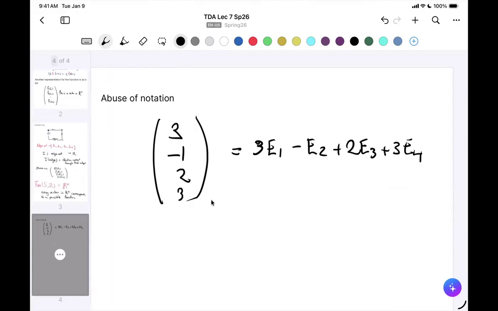The reason I'm calling this an abuse of notation is that strictly speaking it has no particular meaning, because you cannot per se add edges together. All I'm saying is that you write it as a linear combination, because it's a simpler way of writing it than the vector, and also because you can immediately read off the currents as the coefficients in front of each of the symbols for the edges, right?